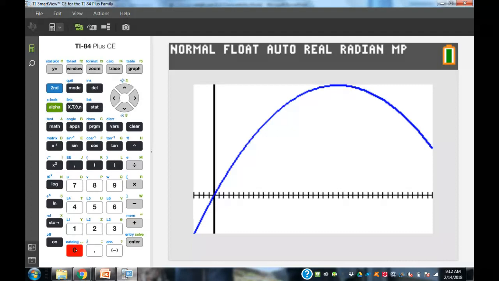Set your X min to 0 and your X max to 60, then hit graph. You see a little different view there, but you see it's a parabola. That's the main thing.